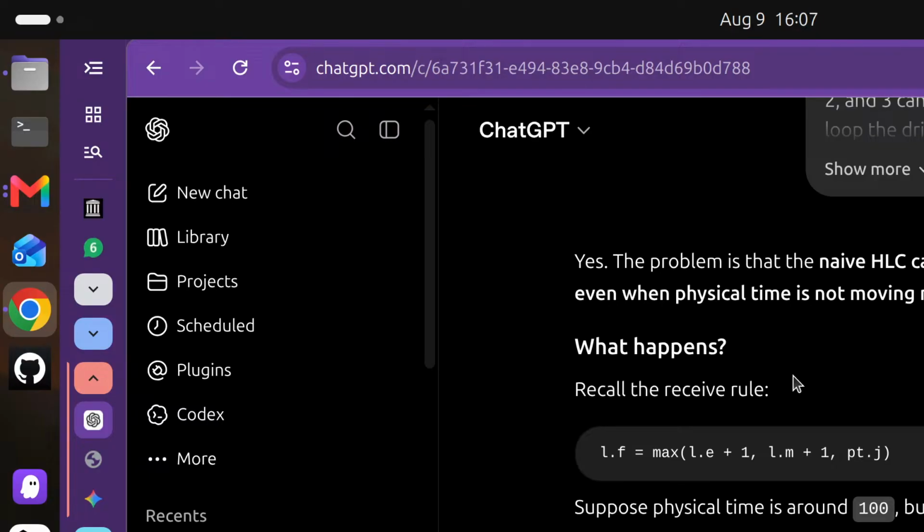Okay, so what happens? To recall the receive rule, this naive HLC can keep growing because of the messages, even when physical time is not moving much, so the difference will continue.